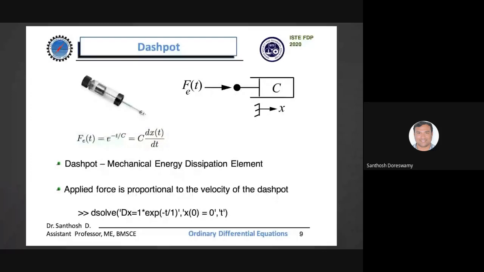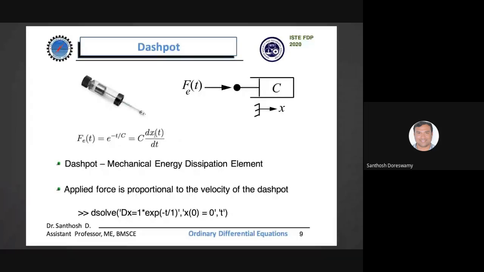And if you have the function of a force as a function of time that is given as an exponentially decaying force, which is e power minus t by c, then you will establish a first order differential equation for the motion of the piston, or you will try to find the derivative of the displacement of the piston. Okay, so that is to be now found out. Now this is a differential equation, and you will simply solve for your x of t.